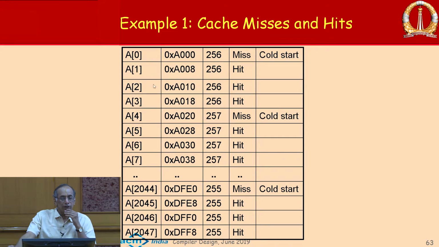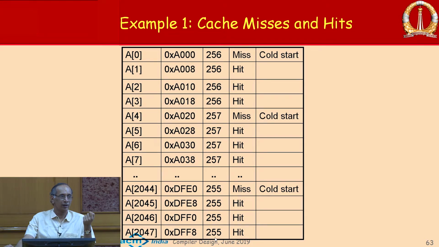Now, if I start from 256 and if there are 512 blocks, I should have gone up to 511, correct, but then I end up with 255. Why? After 511, where would the next block be? 0, correct. Remember, this is an array of size 2k elements, each of 8 bytes.